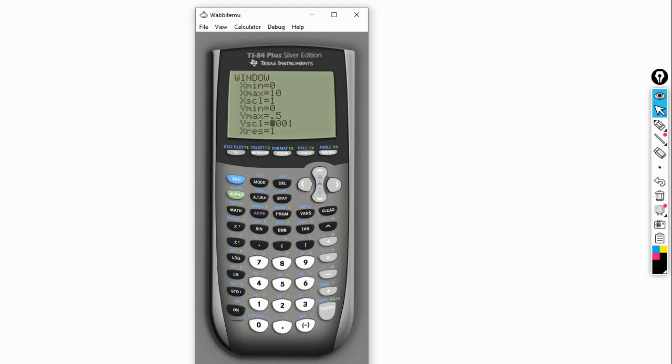Then the scale I'm going to use is going to be 0.001, although I could also use 0.01. And let me just clear this out. Let's make it 0.01. And then we hit graph. And there it is. That would be the histogram for the distribution regarding the first digit of a smartphone code.